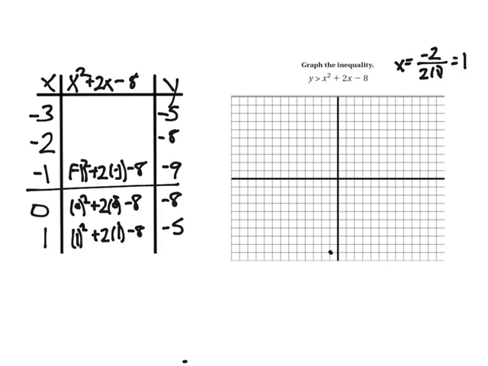And then -2, -8, and 0, -8, and 1, -5, and I messed up on that one.